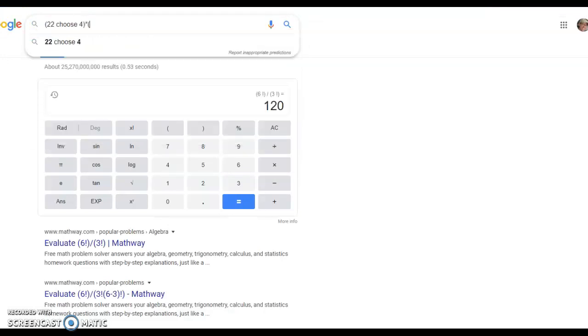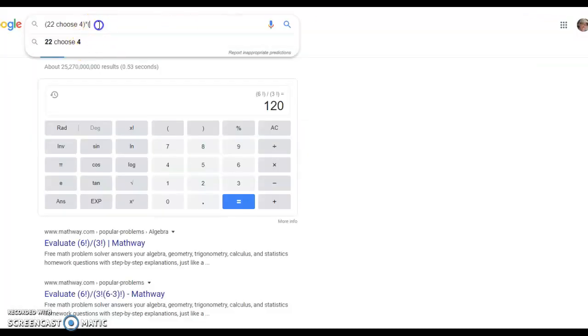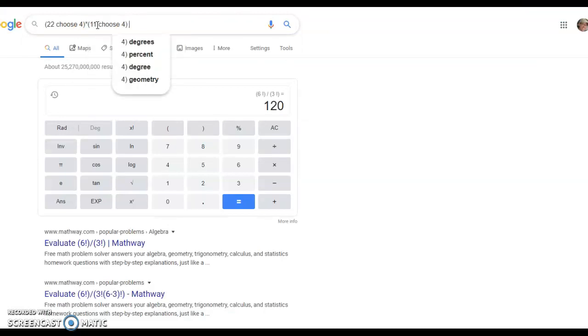This is going to be a pretty big number, which is why they mention the scientific notation.